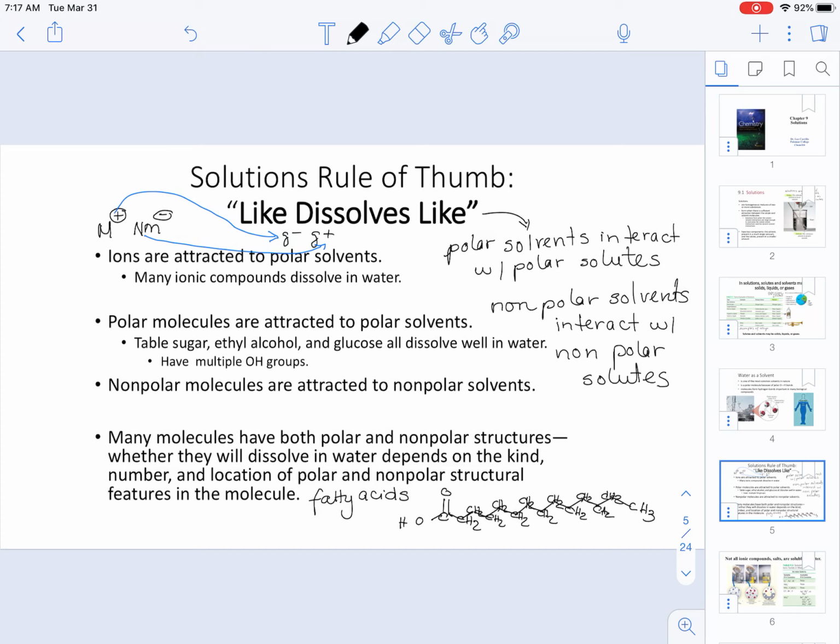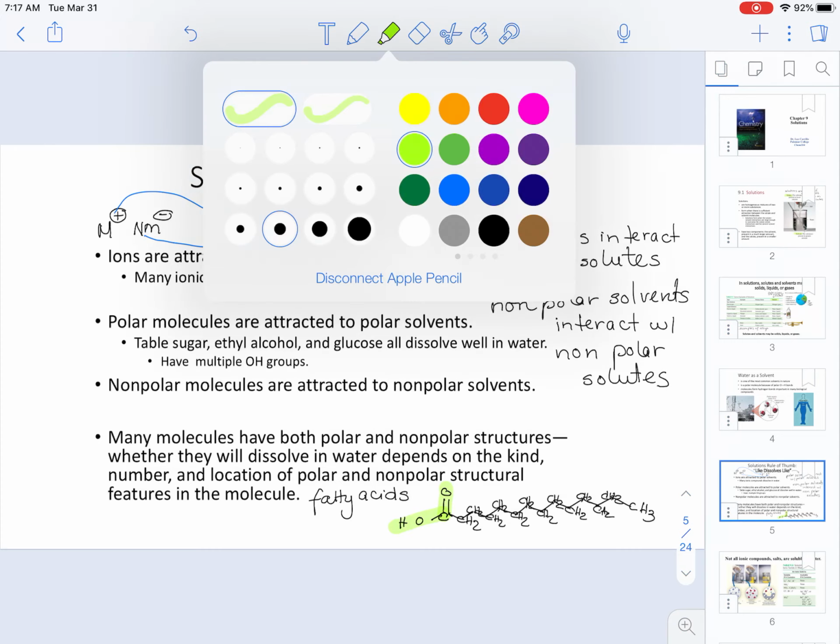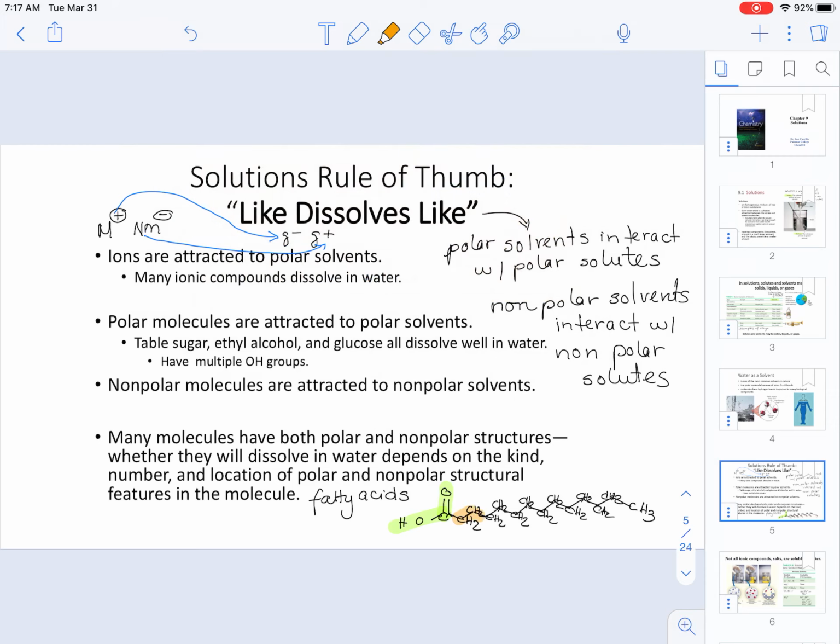So in this molecule, we're going to have a polar side, which is highlighted in green. And we're going to have a non-polar side, which is highlighted in orange. So understand that in molecules where we have both polar and non-polar components, when they are interacting with a particular solvent, it depends on the length of that non-polar character.